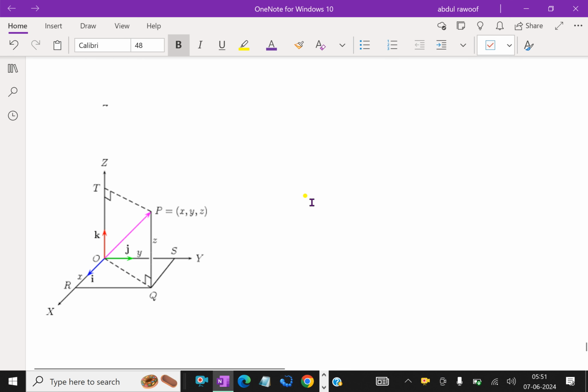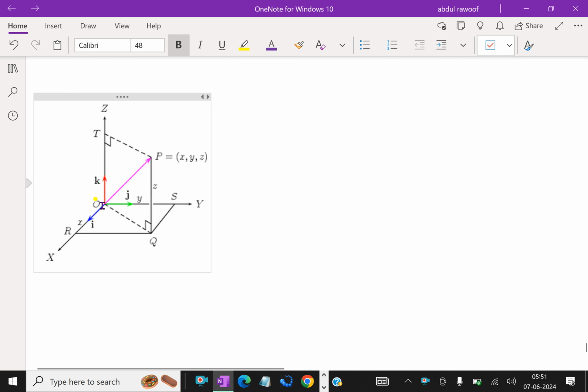Look at this here, the XY plane is given. In that, a point P is in space with coordinates x, y, z. Now the x, y and z steps from the origin to P are x1, y1, z1.